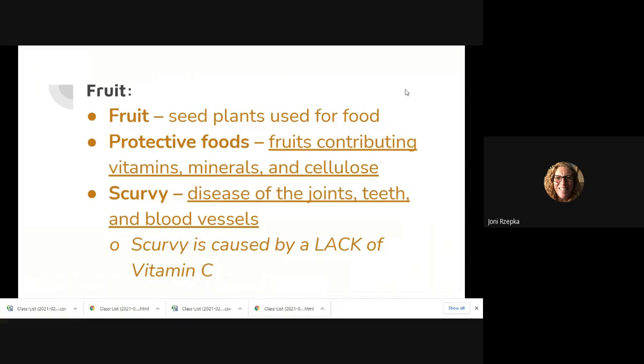To prevent that, they would have lemons on board, get their vitamin C that way, and not come down with scurvy, because the voyage across the Atlantic was a big one and took a lot of time. So scurvy is a joint, teeth, and blood vessel disease.